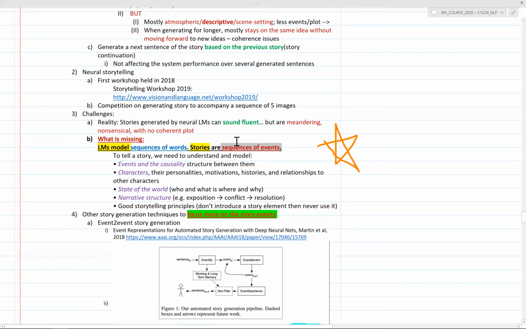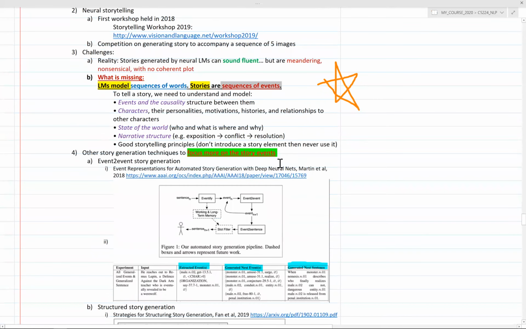So you need to have a bigger picture of how things are going through, instead of just on the word side. So we need to think about the following things to make the stories sound more reasonable.